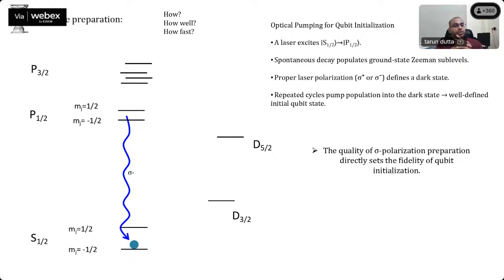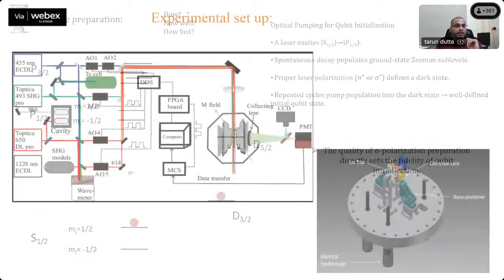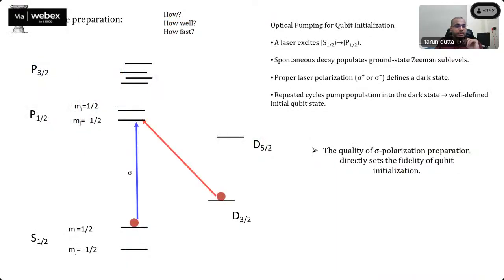In our case, it was around 98%. One of the main important reasons is the beam you are preparing, whether it is perfectly sigma minus or not. That is much more important. So this is the technique known as optical pumping.